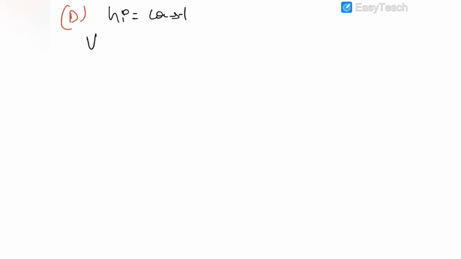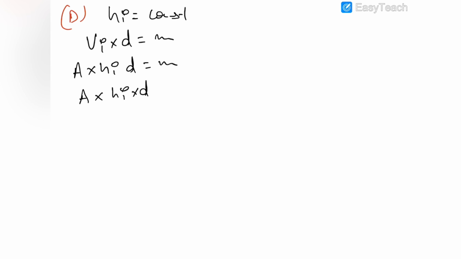Again we know that VI into D is equal to M, and VI can be written as A HI into D is equal to M. So A into D is equal to M by HI.